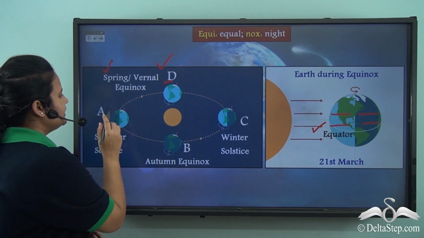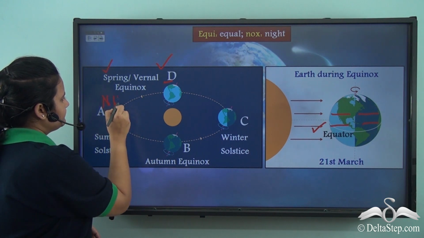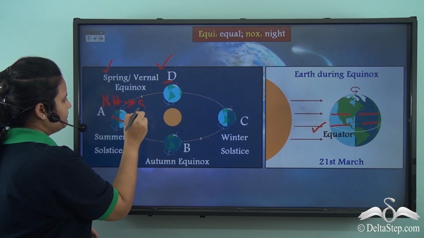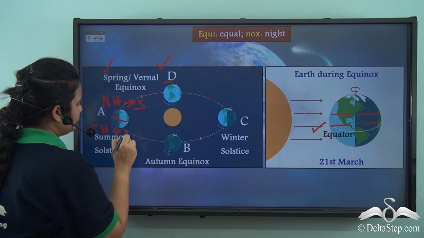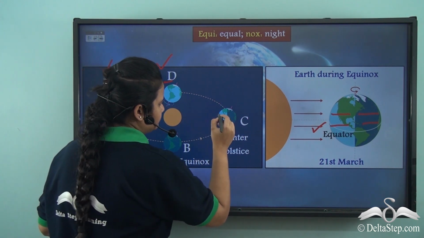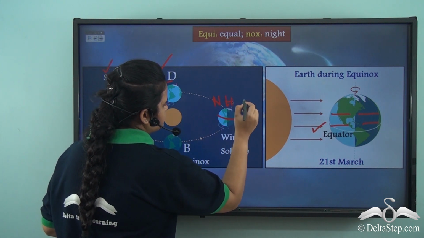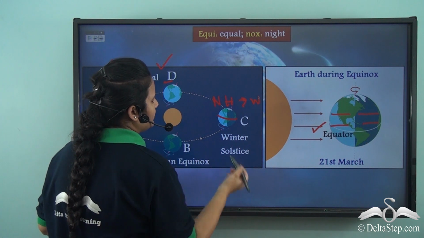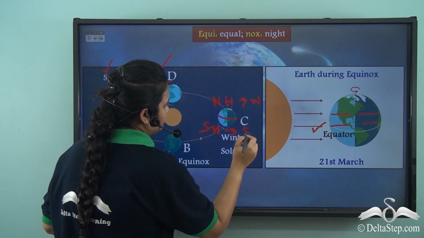This is because we know that at position A, the northern hemisphere experiences summer, whereas the southern hemisphere experiences winter, while at position C, the northern hemisphere experiences winter, whereas the southern hemisphere experiences summer.